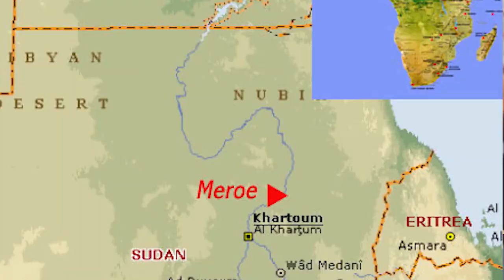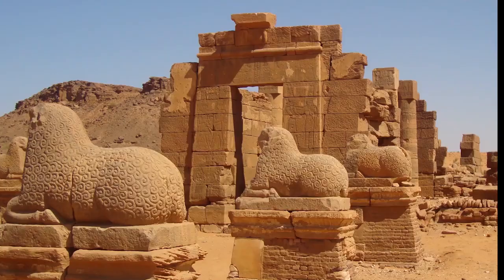The Meroitic Empire was wealthy and powerful, incorporating the Middle Nile region of the Sudan. Meroe was located at the crossroads of major trade routes, and it flourished from 800 BC to 330 AD.